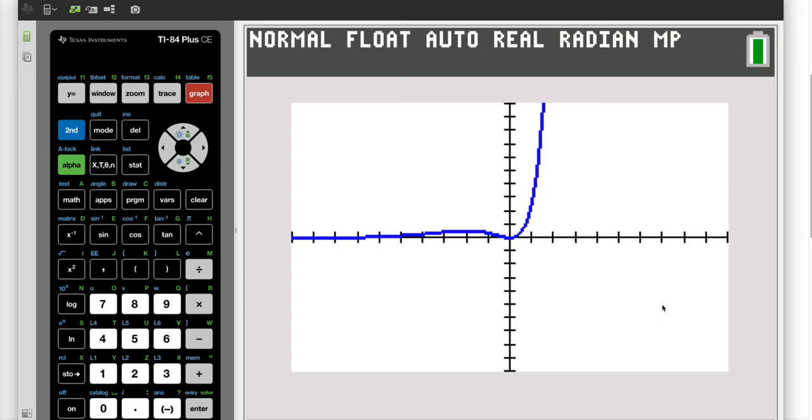I guess first thing, does everybody have this graph? We should definitely start with that. Did you figure out where? Okay. Hit zoom 6.